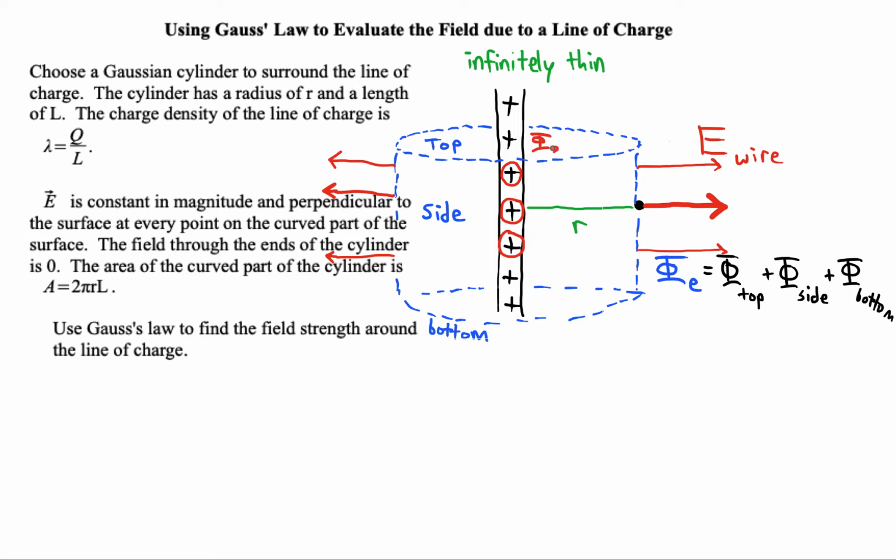So the flux through this surface should be 0. It's because all the field lines are going to point radially outward away from the charges and not up or down. So no field lines will actually cut through that top piece. And the same thing would be true for the bottom.